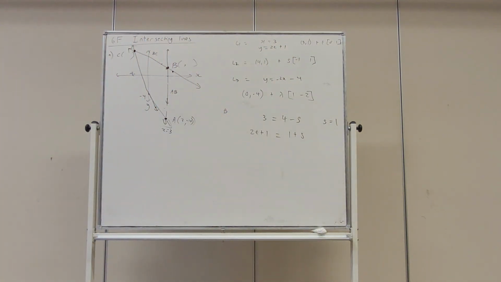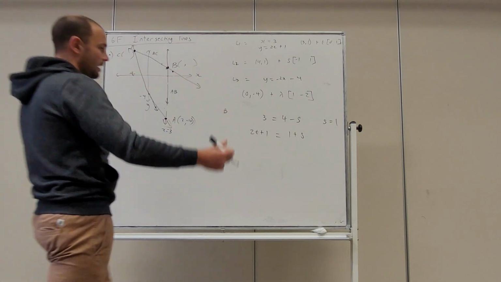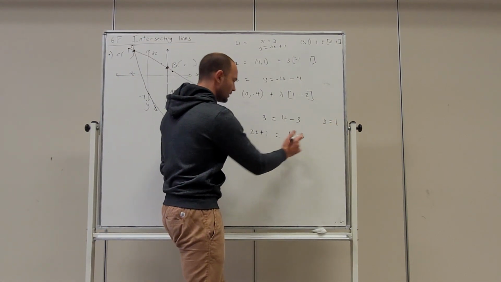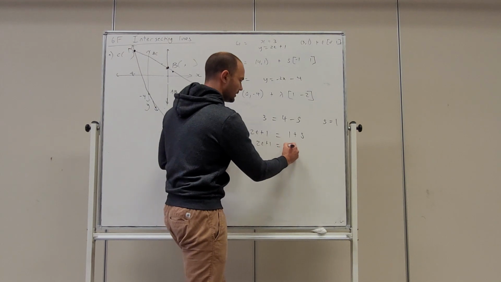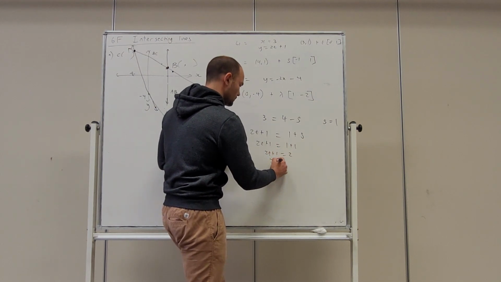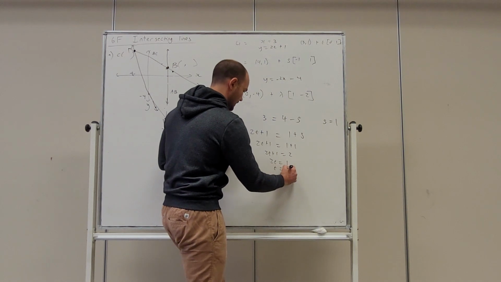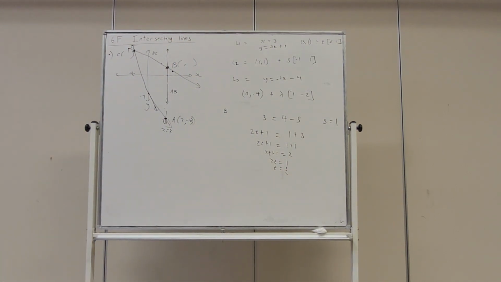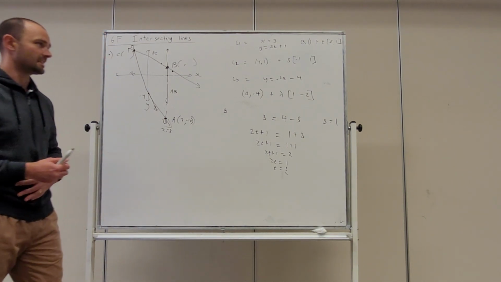That means they intersect when s is 1, and if I solve for parameter t, if s is 1, we would have 2t plus 1 equals 1 plus 1, 2t plus 1 equals 2, 2t equals 1, t is half. Okay, so the parameter s equals 1 and the parameter t equals half when they intersect.